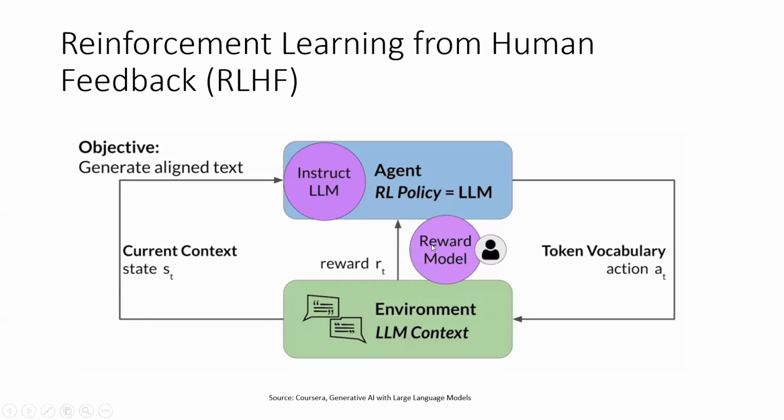And also this reward model, which is trained by humans, would decide whether this new context is harmful, helpful, and honest.